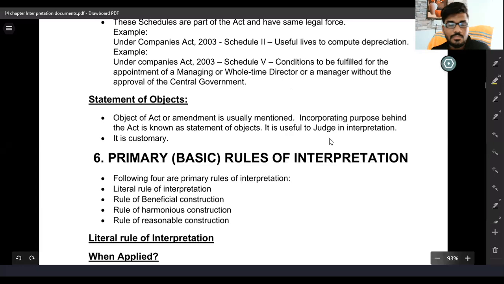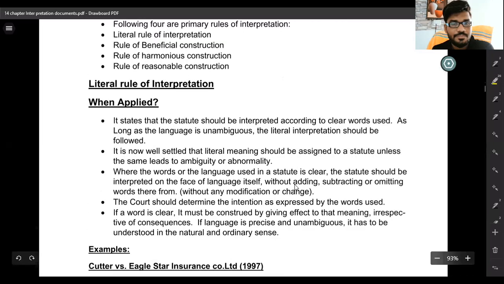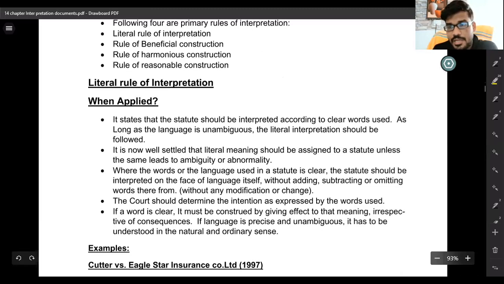So the primary rule, the basic rule of interpretation: a statute should be interpreted according to the clear words used, and only then should it be followed. Where the language used in the statute is clear, we cannot add anything, we cannot subtract anything, we cannot omit anything.